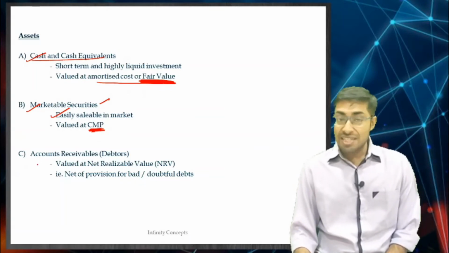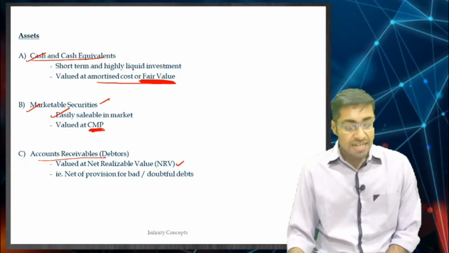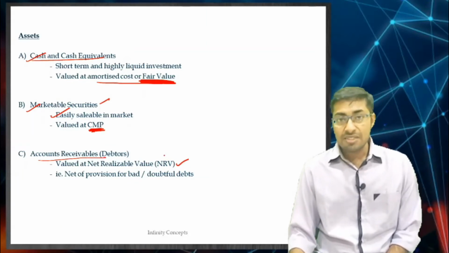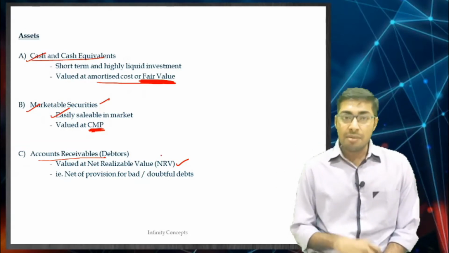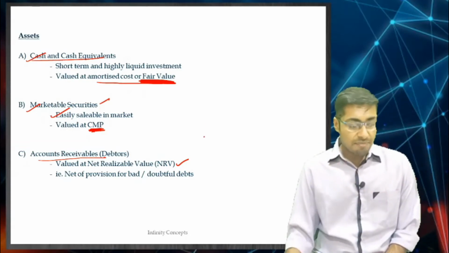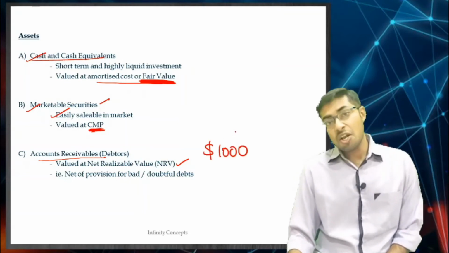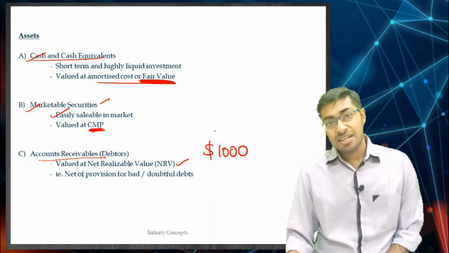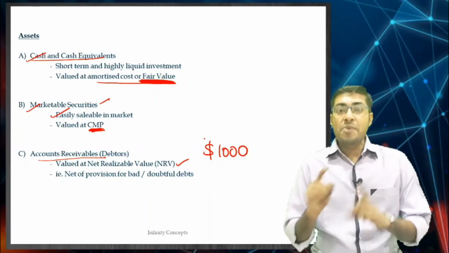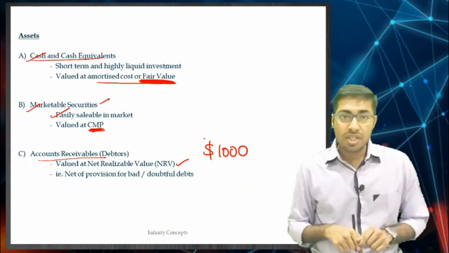The next one is debtors. Now debtors are accounts receivable, they are valued at net realizable value. What is the net realizable value? It may so happen that, say for example, you may have $1,000 as debtors in your books of accounts. Okay, you can see there is $1,000 in your balance sheet. These are your debtors. Now when you actually go and collect this amount from the debtors, that is the actual amount that you will be receiving.